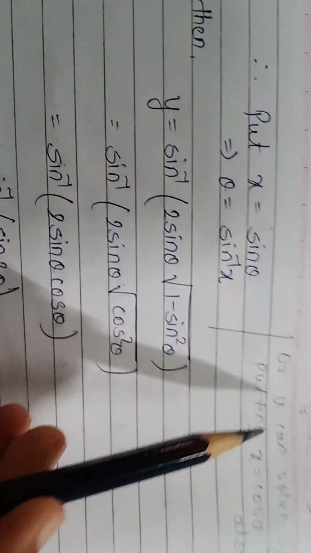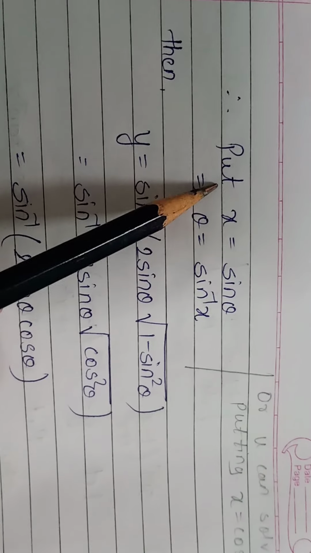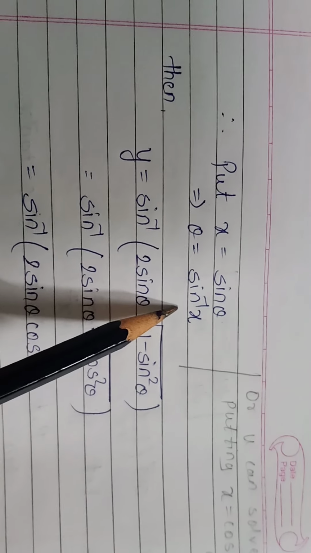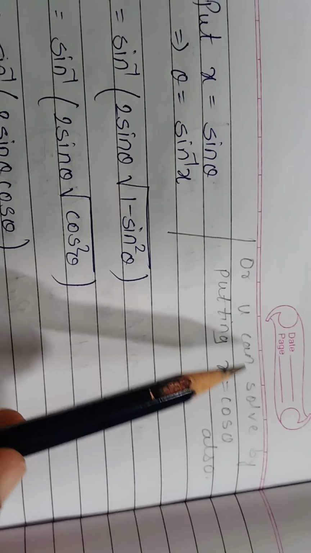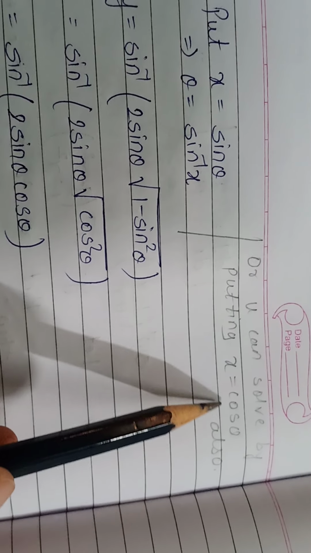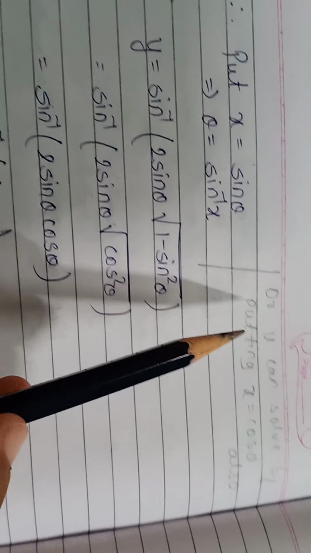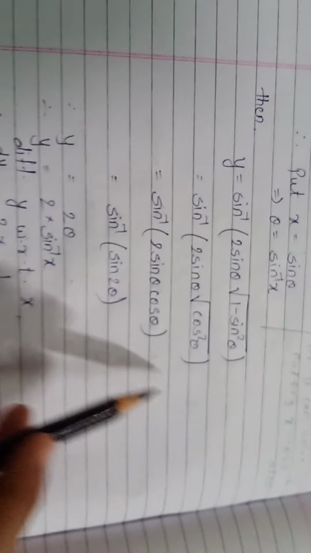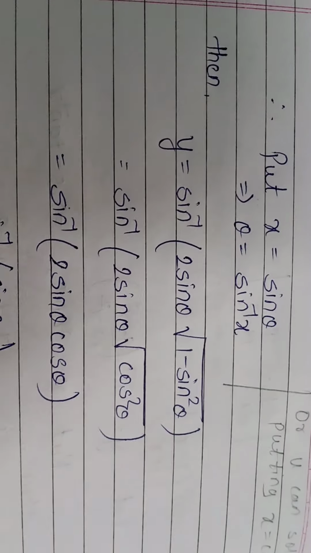Okay. See, I have written here. So in this example, we'll put x equals sine theta, then theta will be sine inverse of x. And if you put x equals cos theta, it will also work. Only the sign will change, which I'll tell you about at the end also.